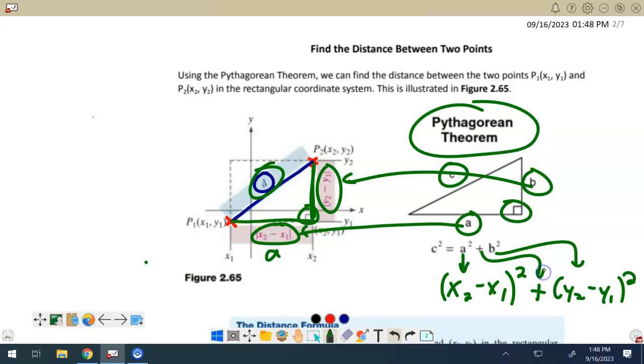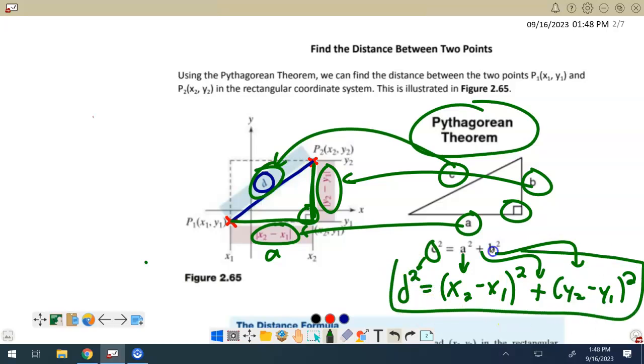So we're adding, and then c squared is the distance, right? C is the distance we're looking for, which we're calling d in the situation that we're examining on the left-hand side, and that has to get squared. And so you end up with this formula here, which is called the distance formula for finding the distance between 2 points, but it is simply the Pythagorean theorem, just modified for the scenario that we're looking at, right?